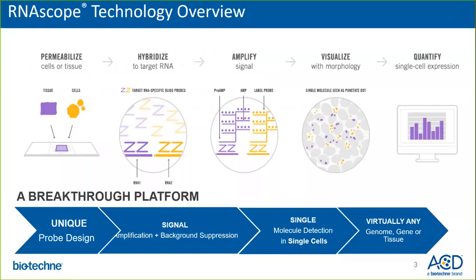After the permeabilization comes the hybridization step, which includes the hybridization of a pool of about 20 target-specific double-Z probes, shown in yellow and purple here.